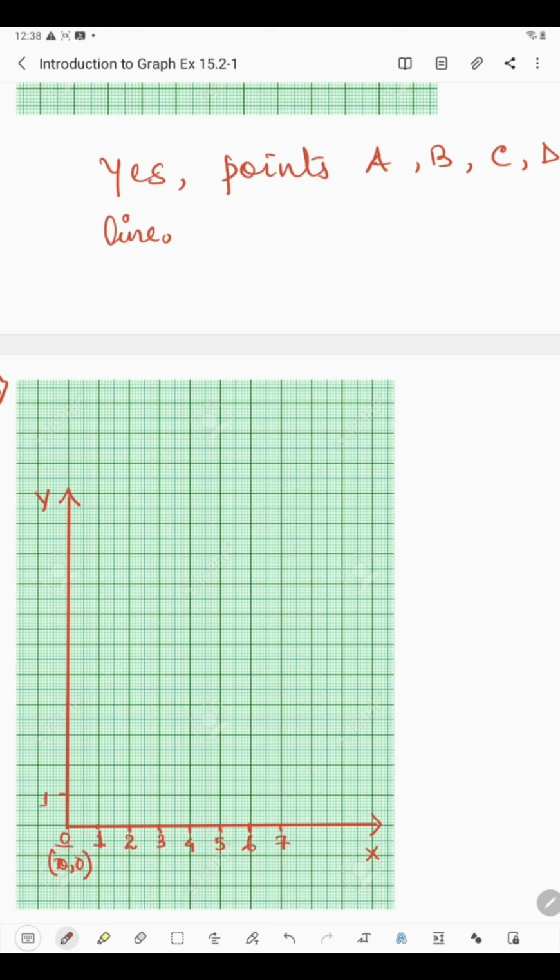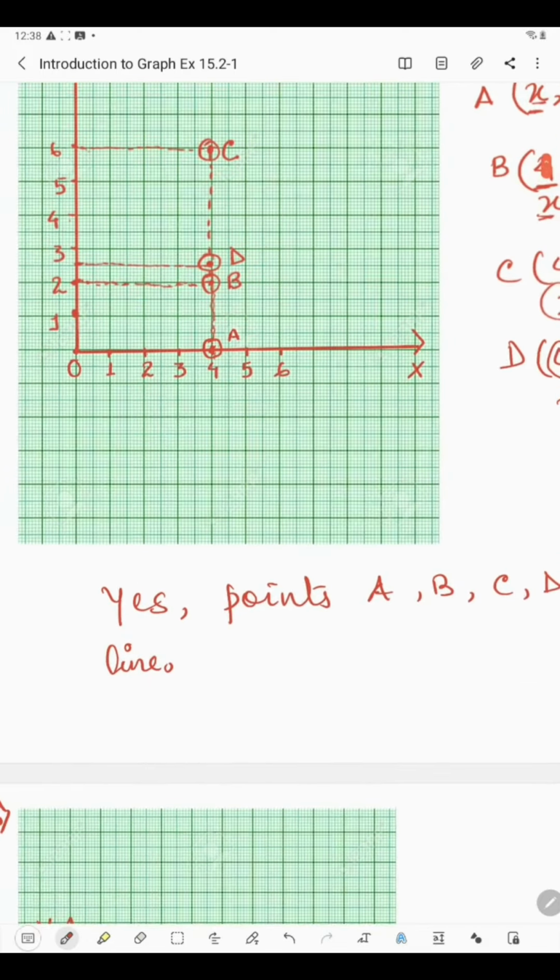We'll take 1, 1 in each box. Here 1 unit is equal to 1. So 1, 2, 3, 4, 5, 6, 7. Till 7 we have taken.